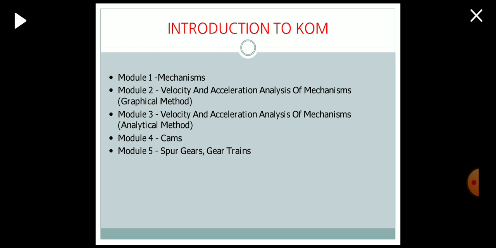In the last module, module 5, we have spur gears and gear trains. There are two sub units in module 5: spur gear and gear trains. In spur gear, you have different types of gears and gear terminology. A gear is a circular wheel which has teeth on its circumference.